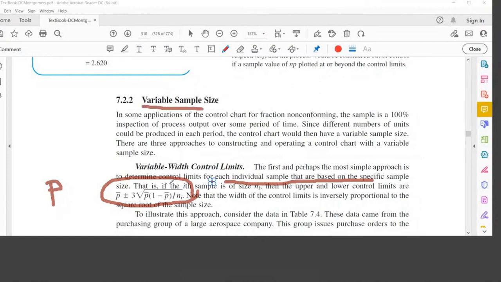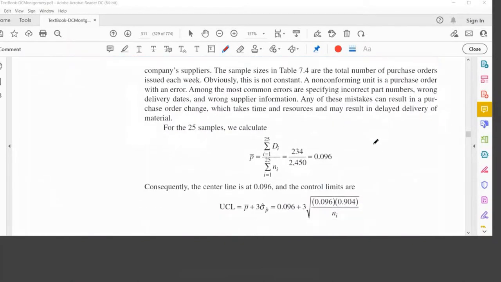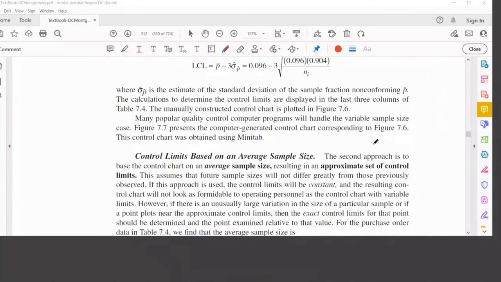So this given here is P chart. P chart is okay to use for variable sample size, but not for NP. NP chart we normally use for fixed sample size. You don't see any example here showing the NP chart used for variable sample size.